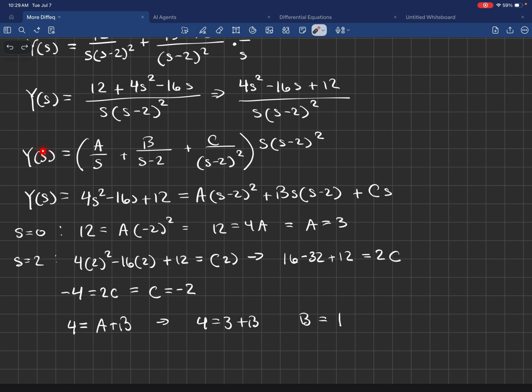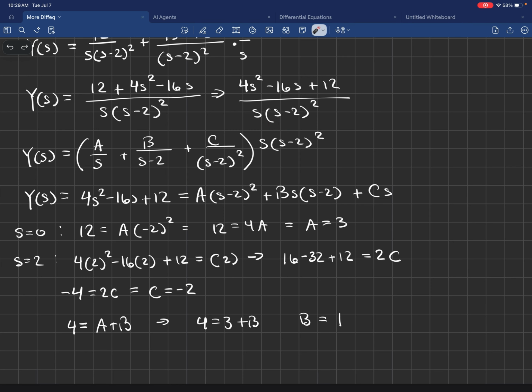So now we have Y over s, and we broke this down to a over s plus b over s minus 2 plus c over (s minus 2) squared. Our next step is to multiply our common denominator by all of this.